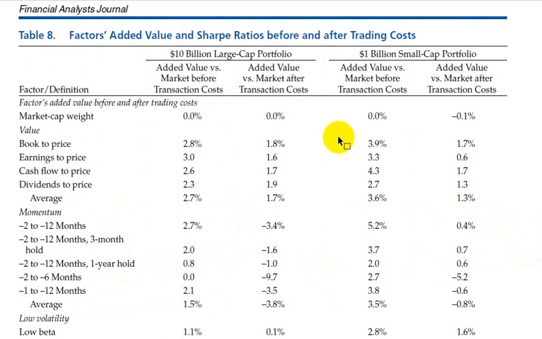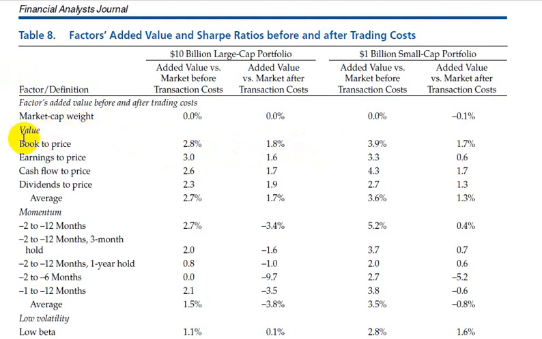And so finally, the authors look at the factors we looked at before on an after transaction cost basis to see, is it actually practical to employ these strategies in the real world and do you actually get a premium from investing in them.